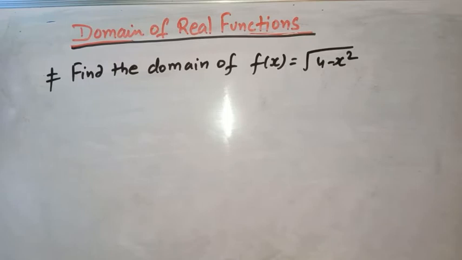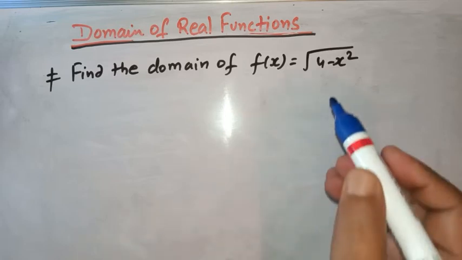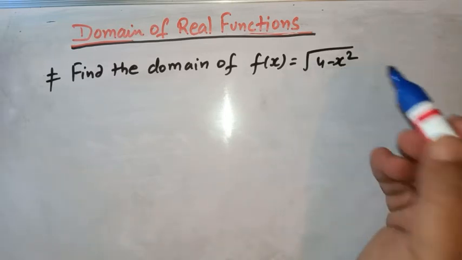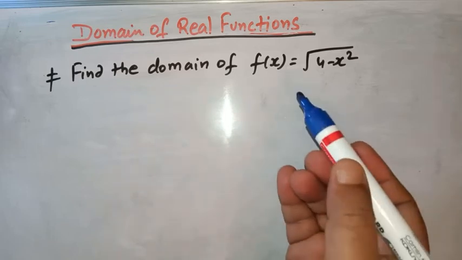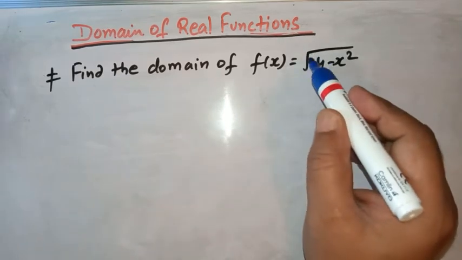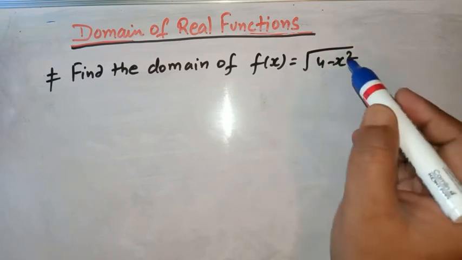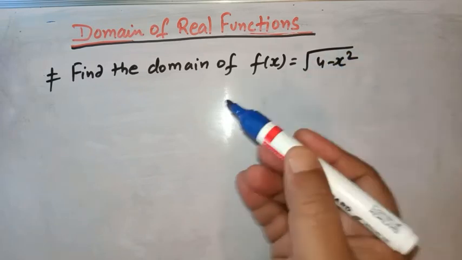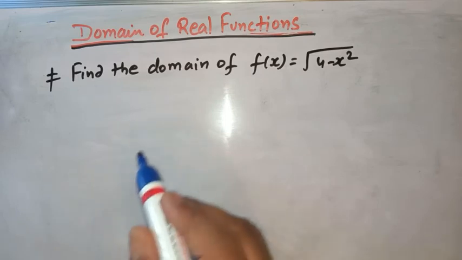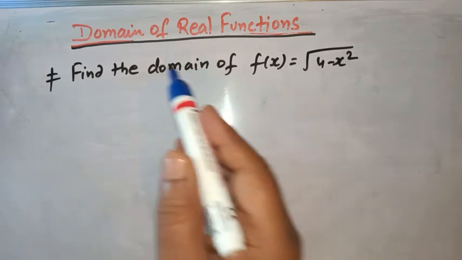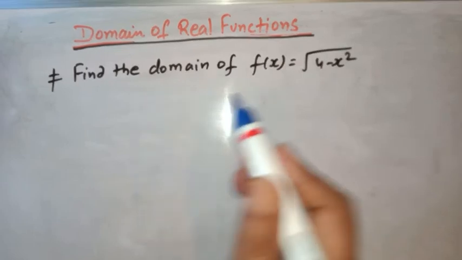Viewers, let us take this example here. Find the domain of f(x) equal to square root of 4 minus x square. Again here we see that inside the square root sign we cannot have a negative number, because in that case f(x) will become a complex number, and we are only talking about real functions.